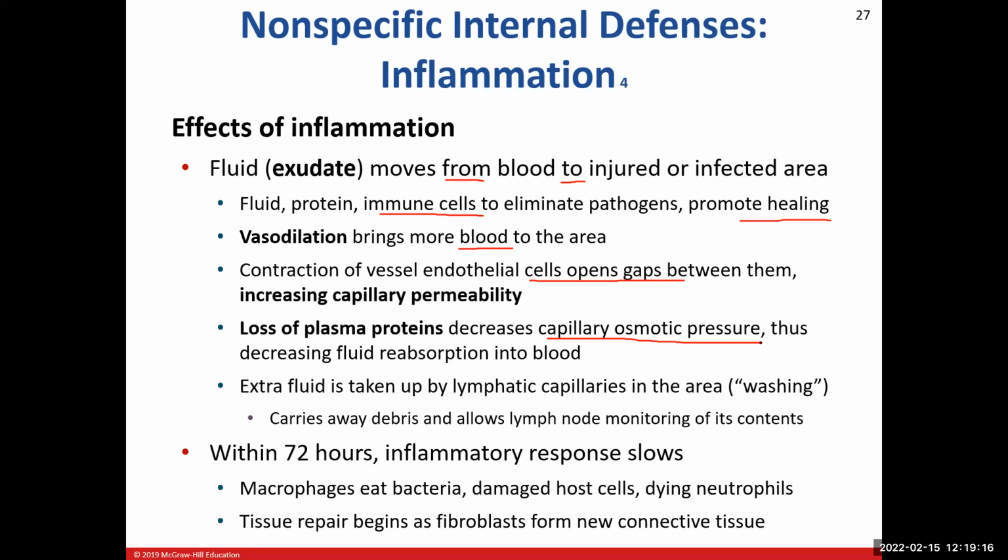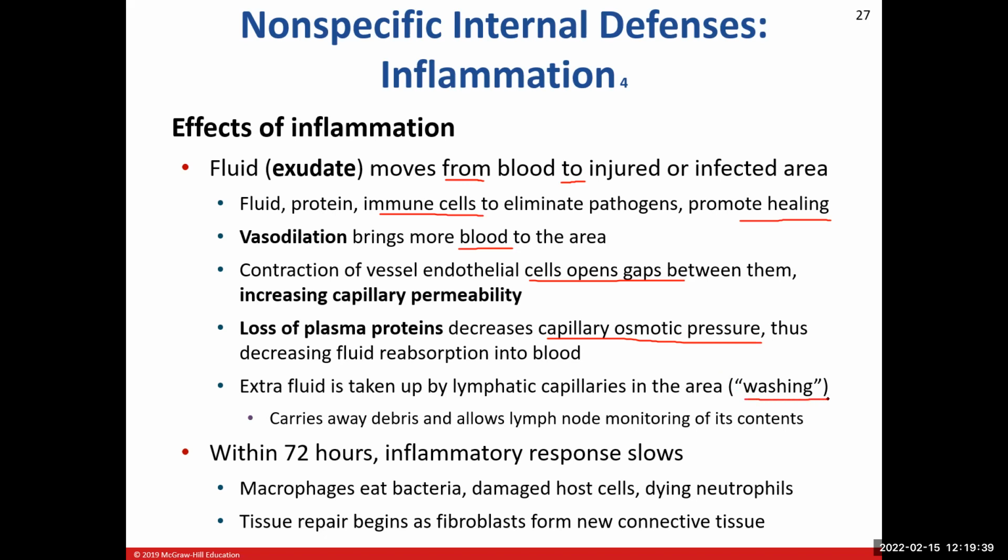Remember bulk flow. If you're not sure, go review bulk flow, and how we calculate hydrostatic pressure and how we calculate our oncotic osmotic pressure or colloid pressure. Okay, so as that fluid washes out into the tissue, what we'll see is this process called washing.